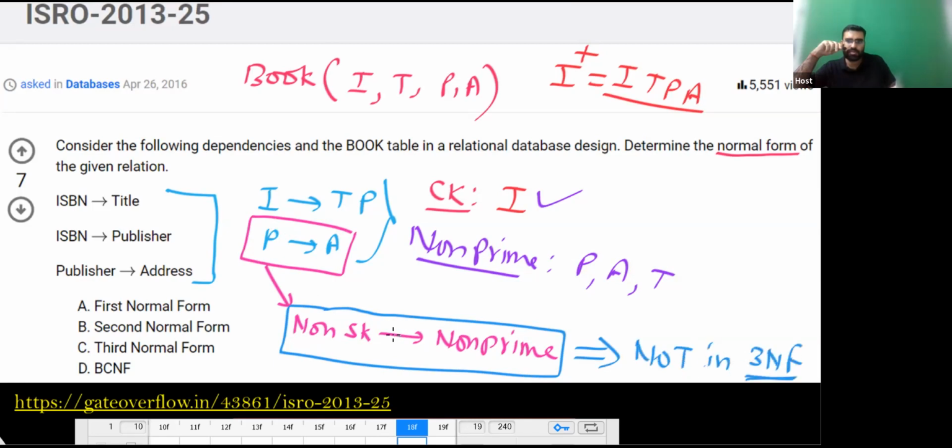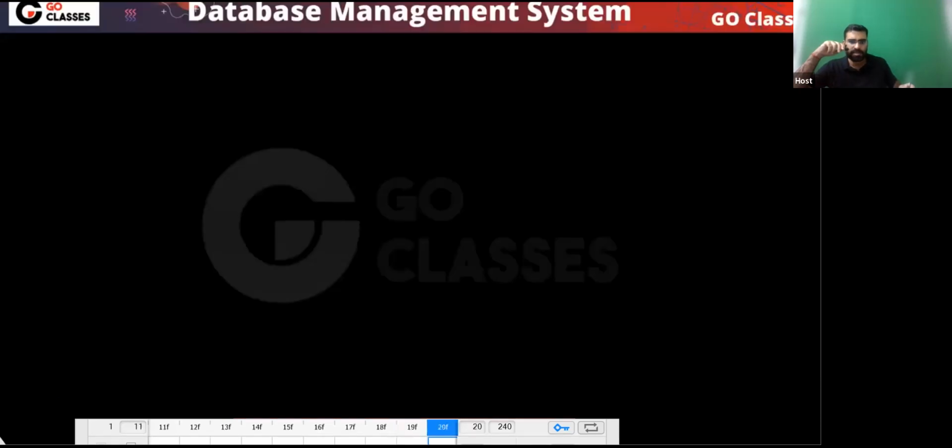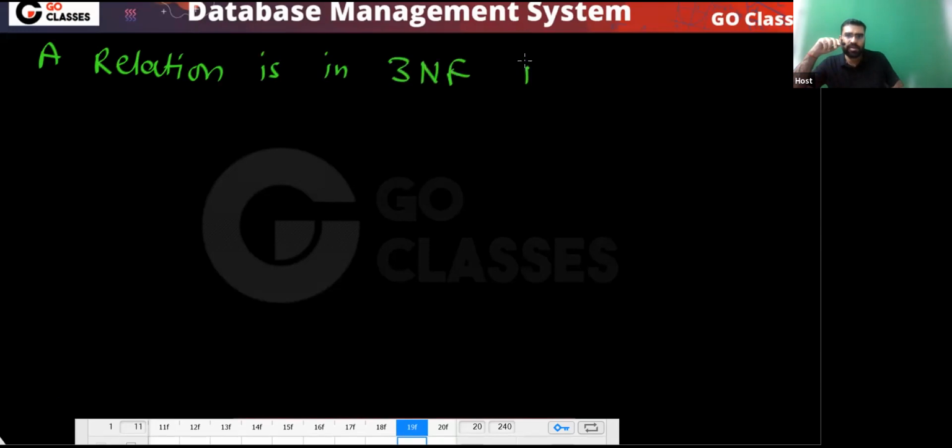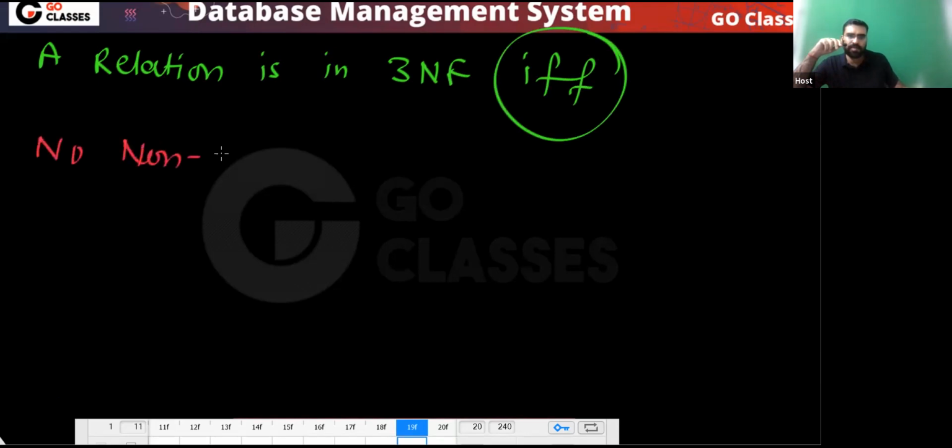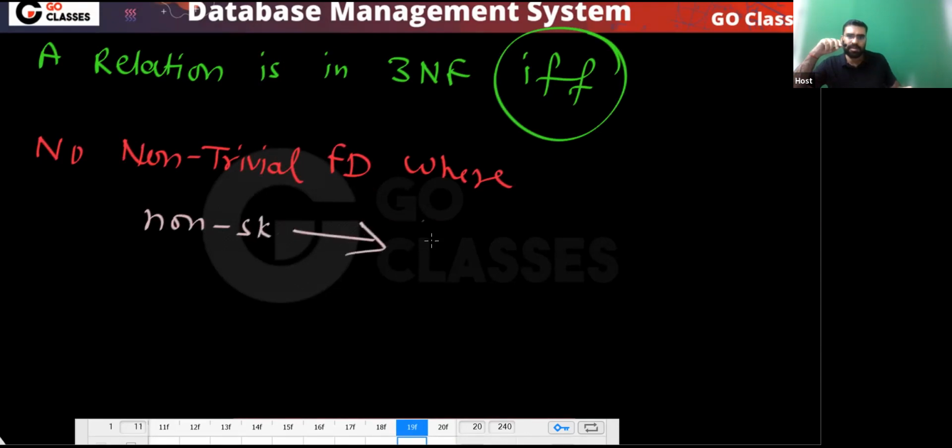What is the definition of 3NF? The 3NF definition clearly says that a relation is in 3NF if and only if there is no non-trivial functional dependency where a non-super key determines a non-prime attribute.